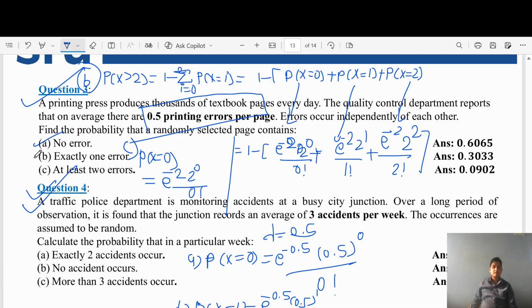This is the answer for B. At least 2 errors, P(X>=2), means 1 minus [P(X=0) plus P(X=1)]. So if you put all these values, you get the answer for this.